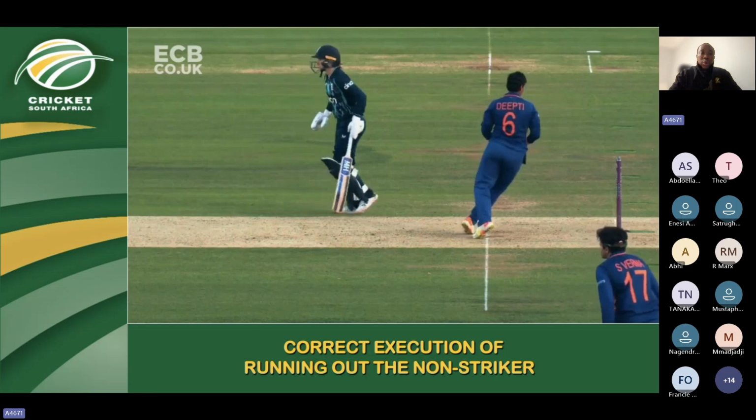The playing conditions of the International Cricket Council stipulate that the bowler should have entered his or her delivery stride before passing the popping crease, and they will still be able to run out the non-striker as long as they do not reach their expected point of release by means of the arm.